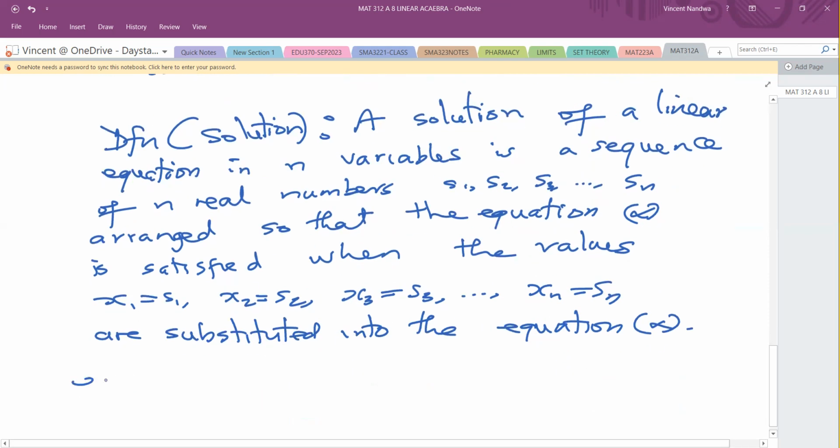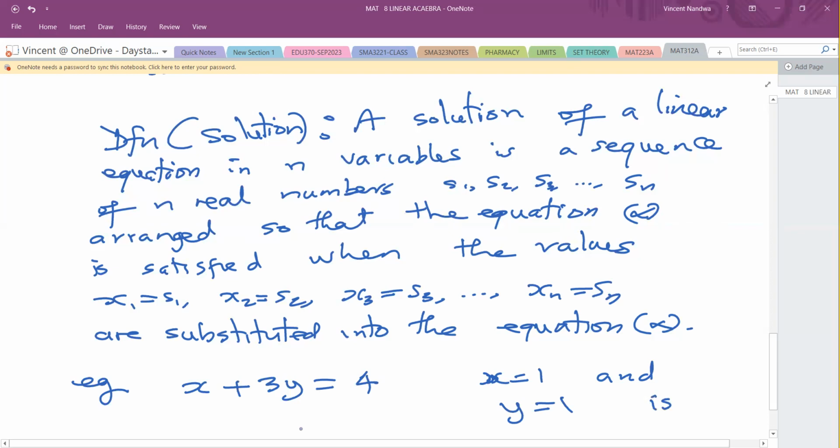So for example, in this equation, x plus 3y equals 4, x equals 1 and y equals 1 is a solution.